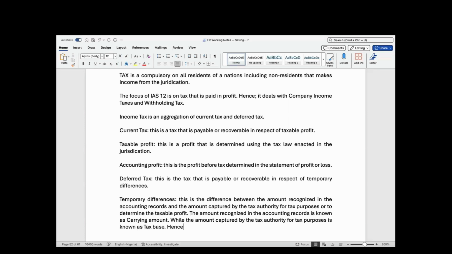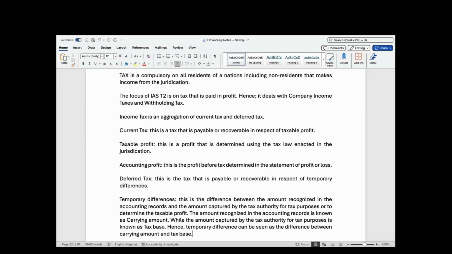Hence, temporary difference can be seen as the difference between carrying amount and tax base.